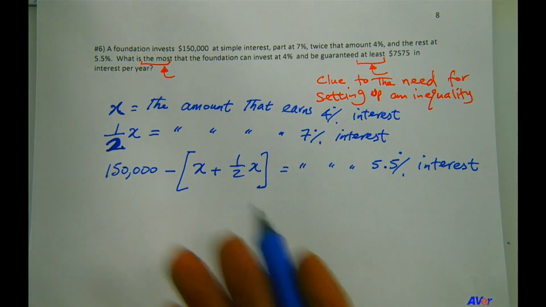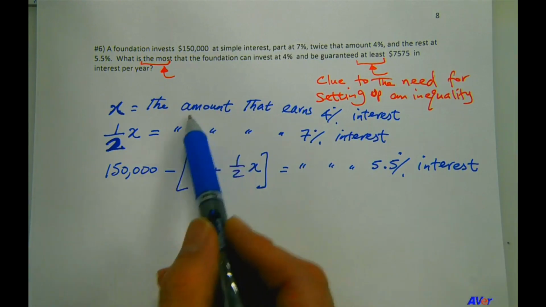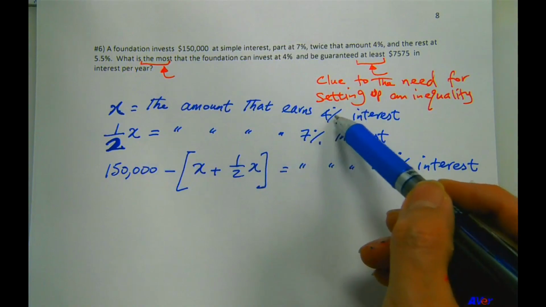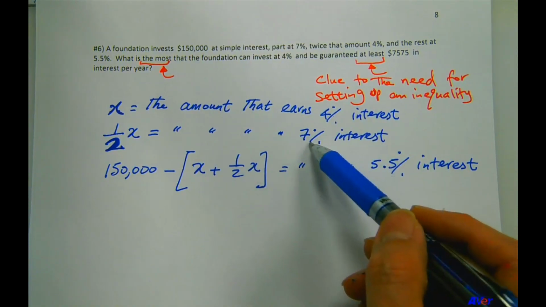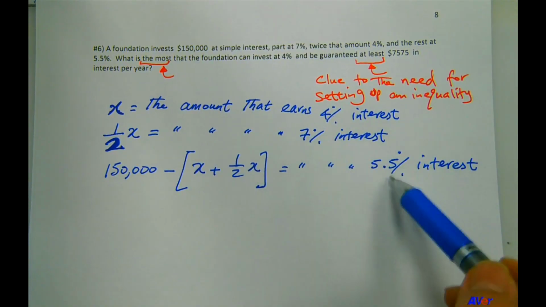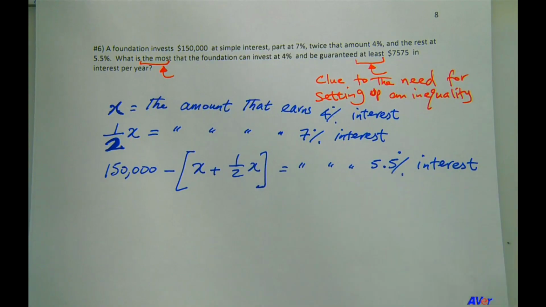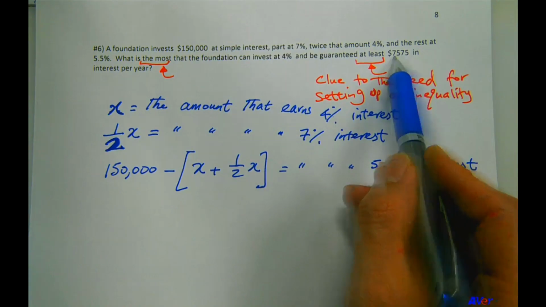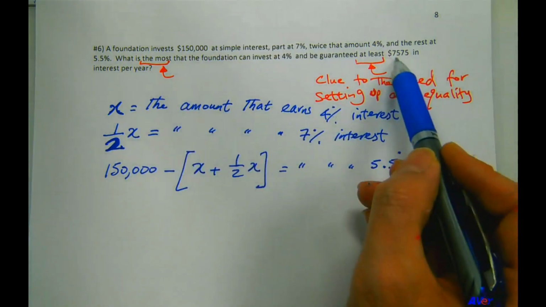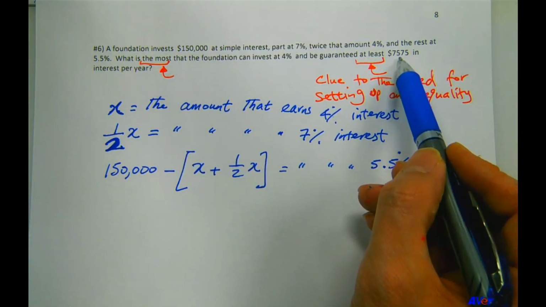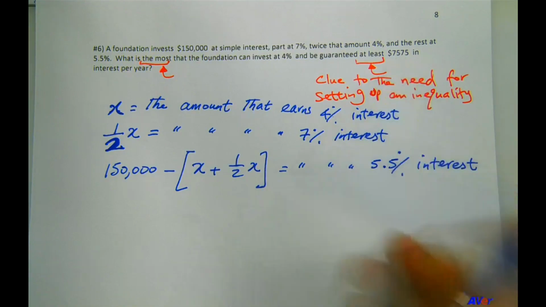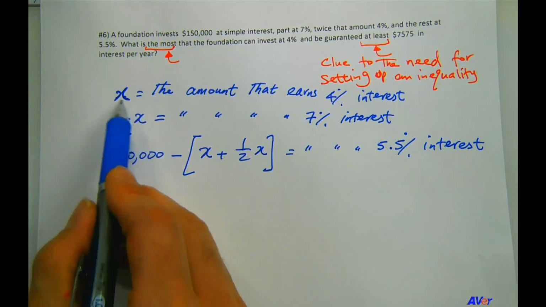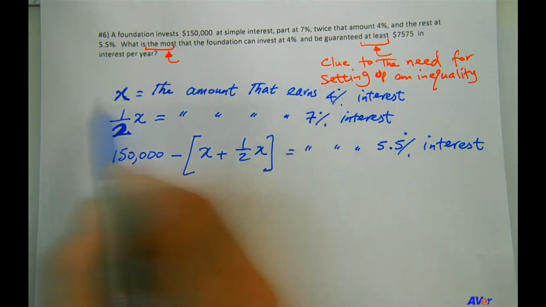Okay, so now we want the interest from all of these three accounts, the one that earns interest at 4%, the one at 7%, and the one at 5.5%, to be at least that much. The interest from all these three accounts to be at least $7,575. So let's set up the inequality. So we have the interest from account x is 4%, right?